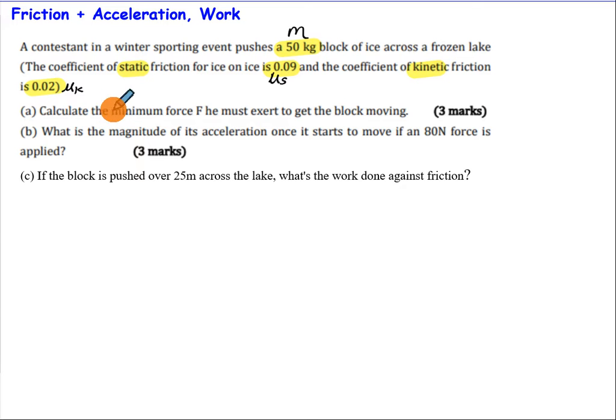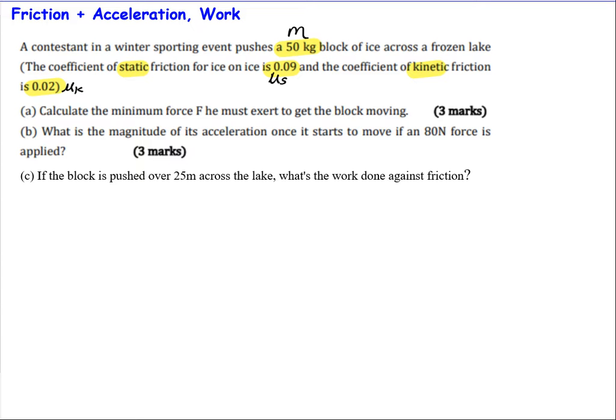Okay, next read the questions. First says calculate the minimum force he must exert to get the block moving. Whenever you see questions like calculate the minimum force so that the friction is conquered, or the maximum force that you can put on before the block is moving, that's basically asking for the maximum friction.